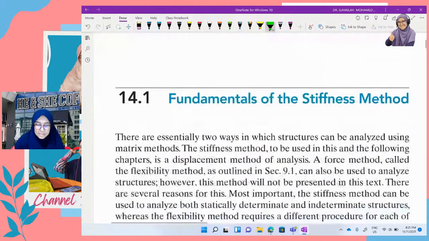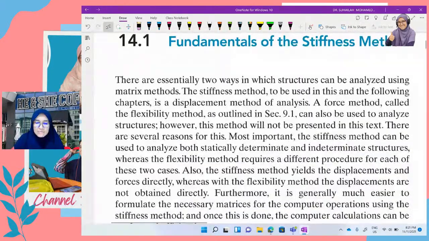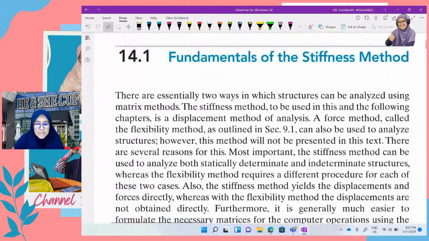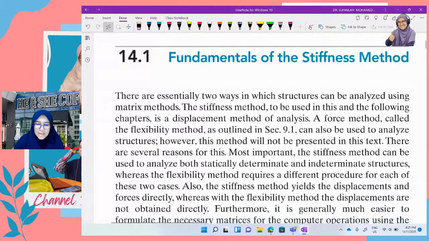Okay, let's see the fundamentals of the stiffness method. There are essentially two ways in which a structure can be analysed using the matrix method. Look here carefully, because it will explain the importance and advantages of using the stiffness method compared to the previous method that we learned.